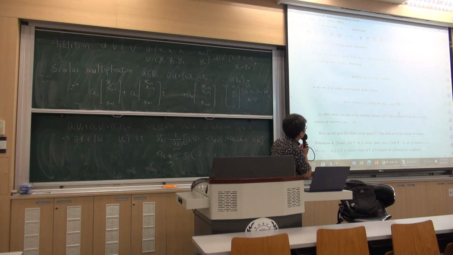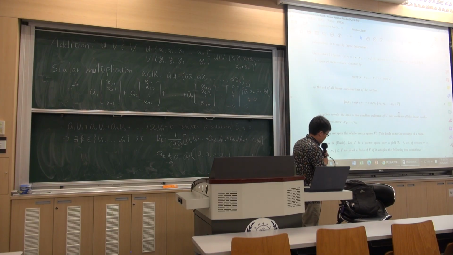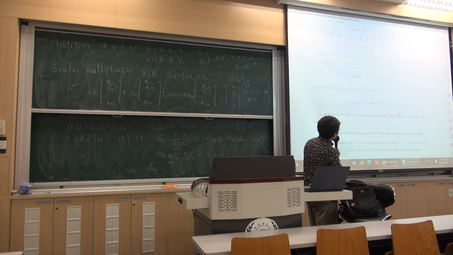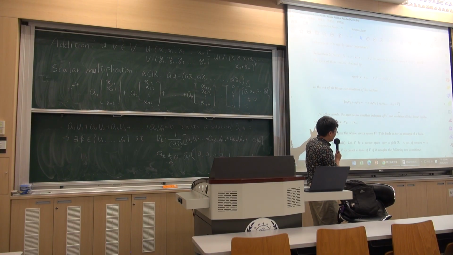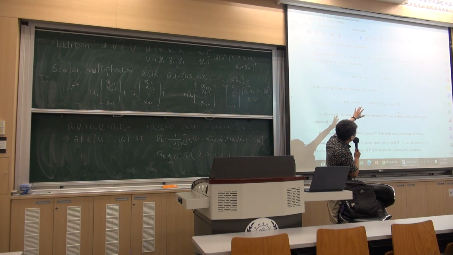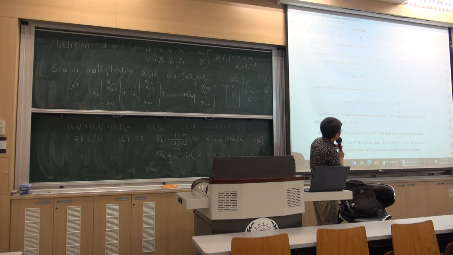Spans. Let's say that we have a collection of vectors v1 to vn here, and what is the span of such a collection or set small v here? The span of it is the collection of all the linear combinations from those vectors.